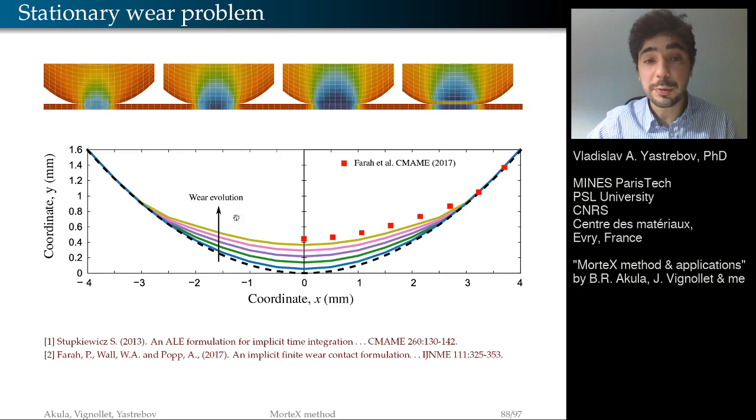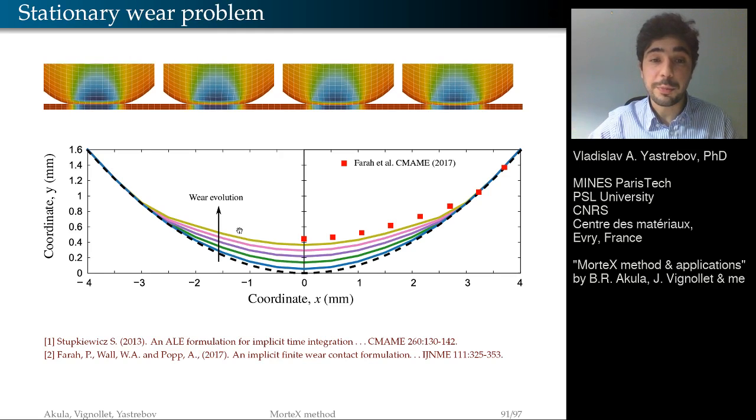And here there will be an embedded surface which will propagate in the bulk of the mesh. Let's see where it propagates, and it tends to the solution obtained by Farah, which is exactly the same as the one obtained by Stupkevich.